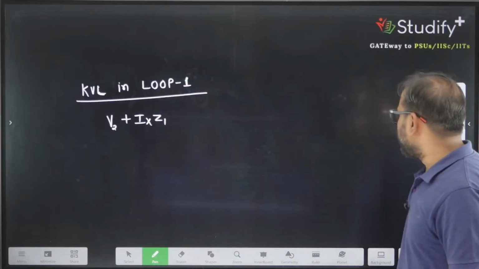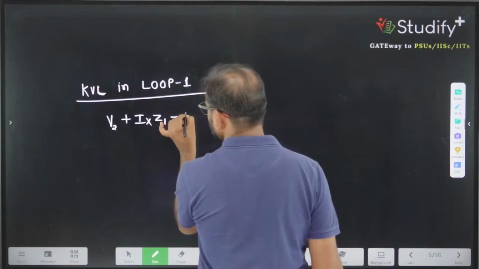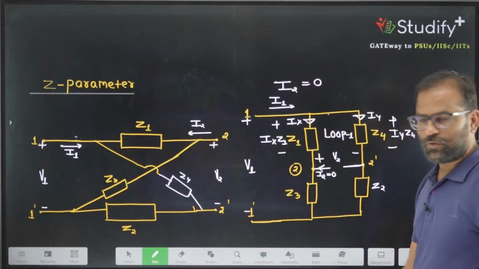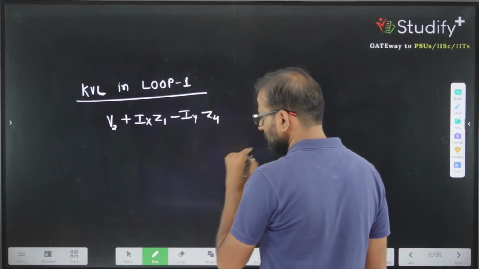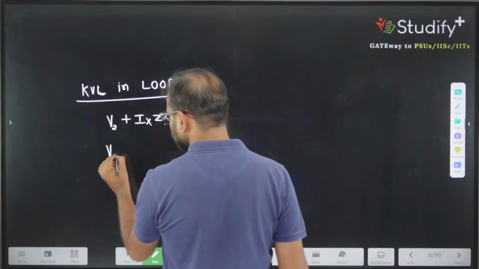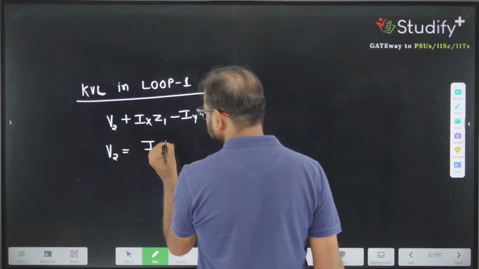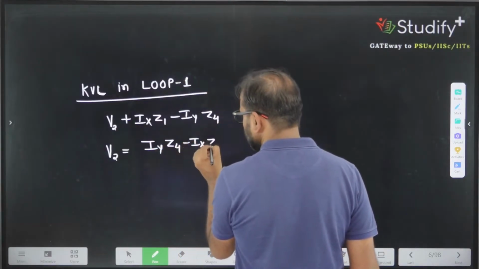And again we are going plus to minus, so I will write minus Iy into Z4. So V2 can be written as Iy into Z4 minus Ix into Z1.